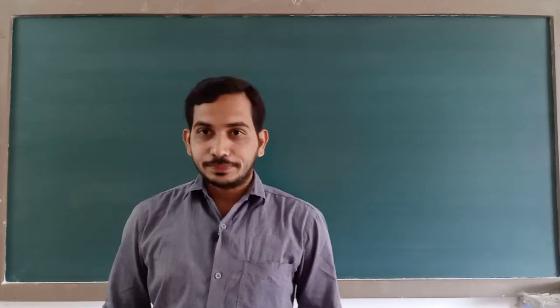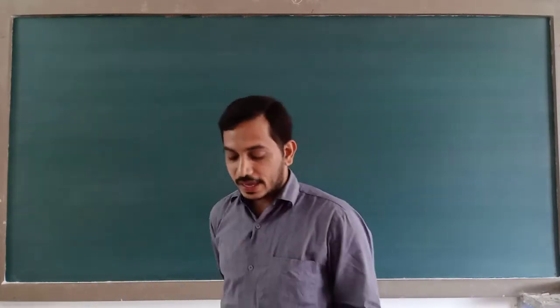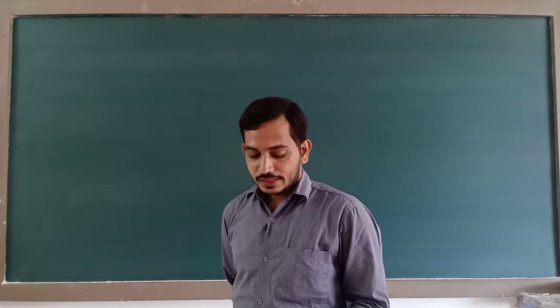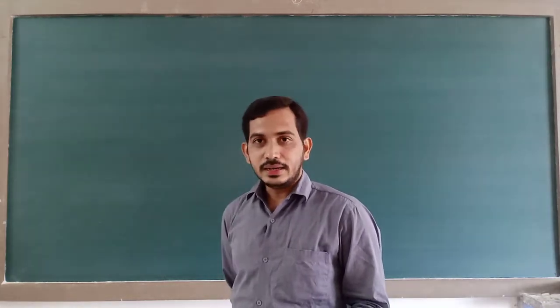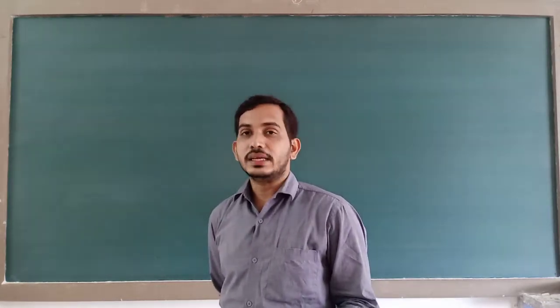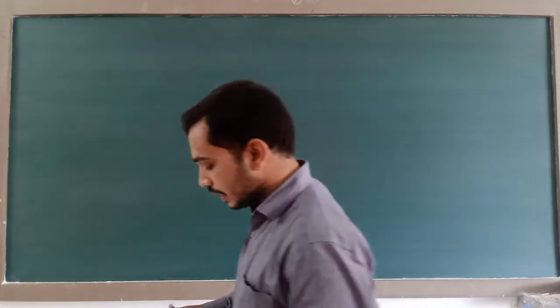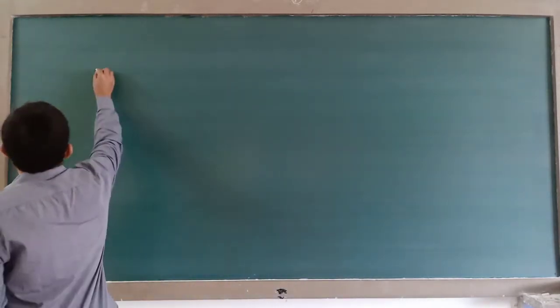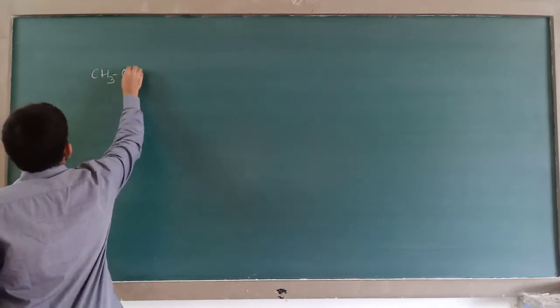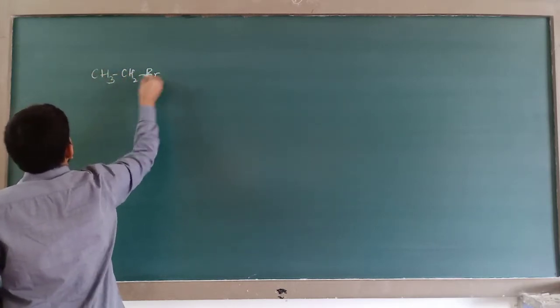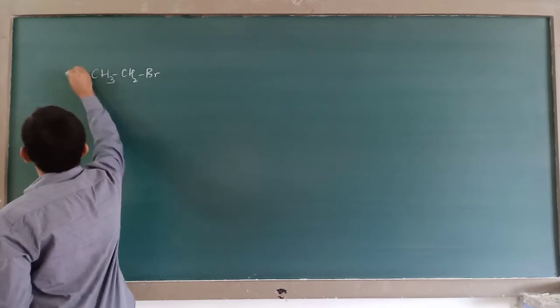Beginning with the first question in haloalkanes and haloarenes, it says ethylidene dibromide is, and then you are being given 4 options. I will first write the 4 options. You see CH3CH2Br, this is first option.